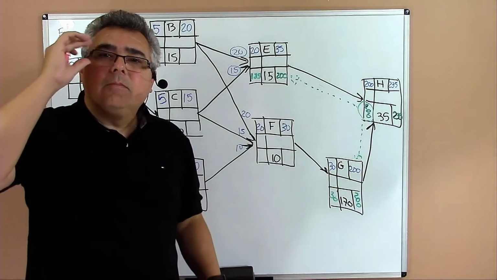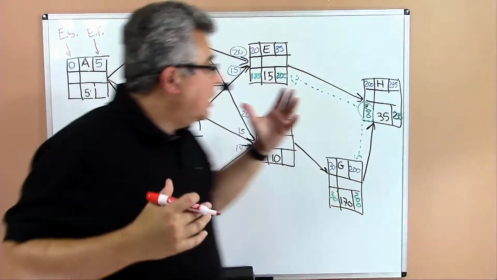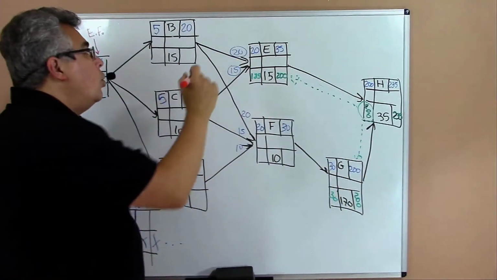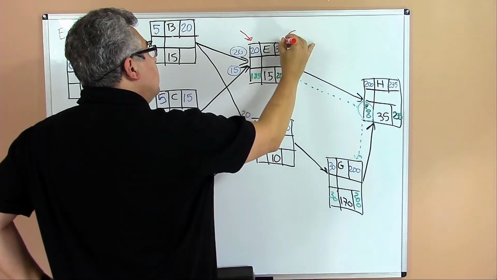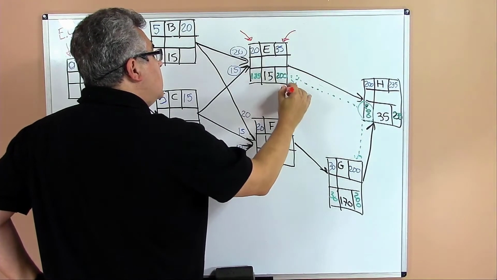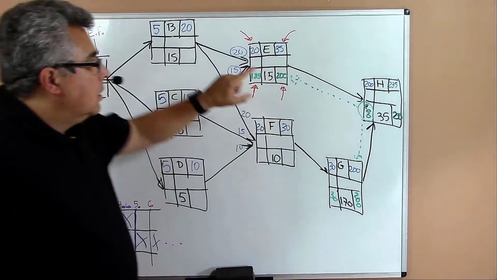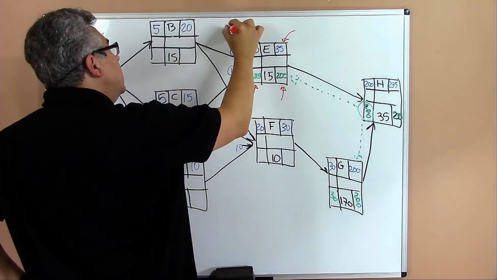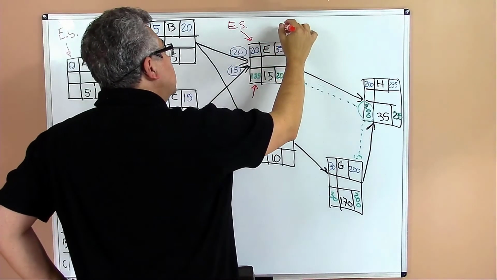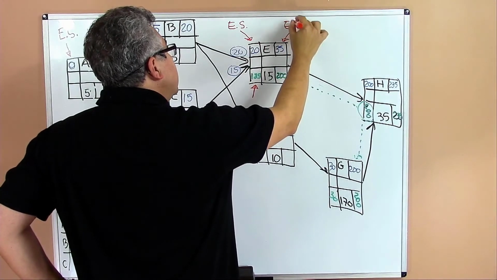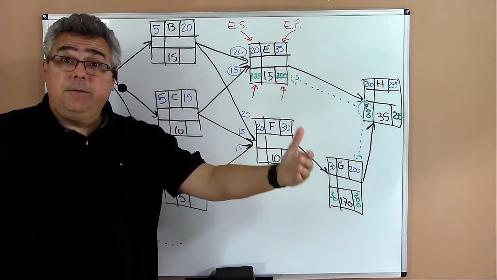And so let's just work here on activity E and try to understand what it means. We have here 20, 35, 200, and 185. The 20 is the early start. The 35 is the early finish, so the 35 is the earliest day that I can finish the task.